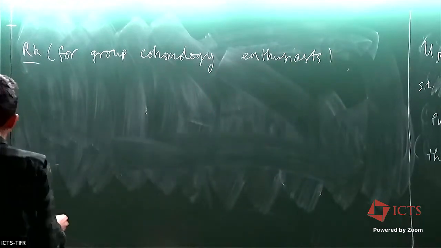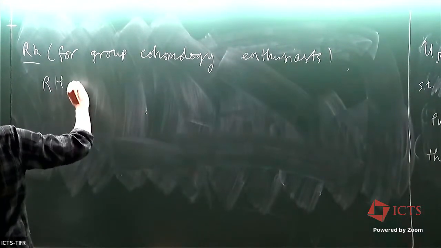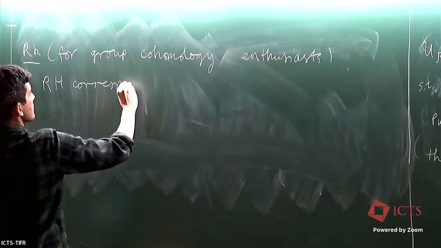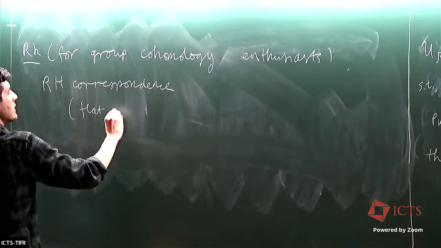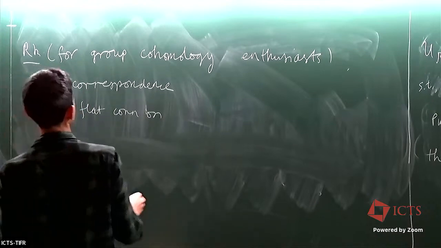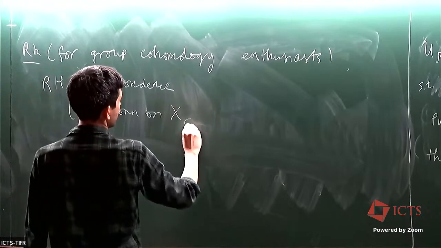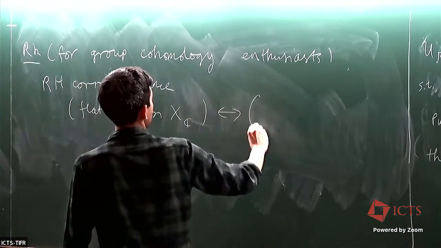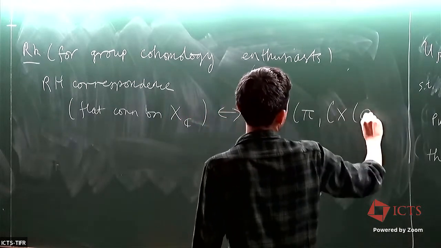So I mentioned, well, I didn't quite mention, but I was minutes away from mentioning this Riemann-Hilbert correspondence, which is an equivalence of categories between flat connections, at least if X is projective, so in particular in this case on X over C, and representations of π1 of X(C), with some base point.